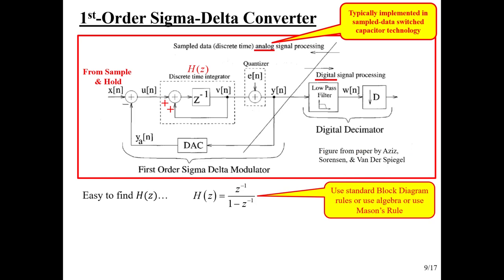Okay, so we've analyzed this kind of feedback thing before, so you should be able to do that now and find that its transfer function looks like that. So you can just use standard block diagram rules, do a little bit of algebra, or again, apply Mason's rule, and you'll find that.